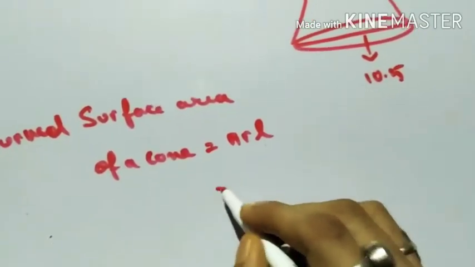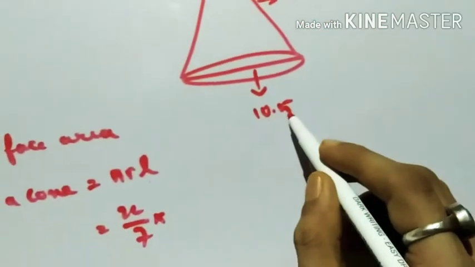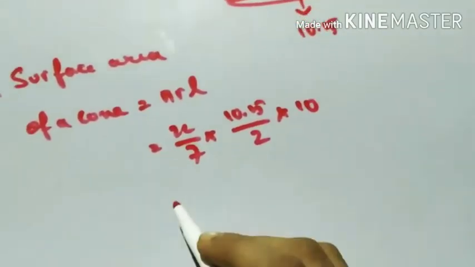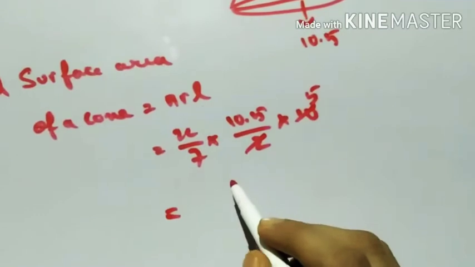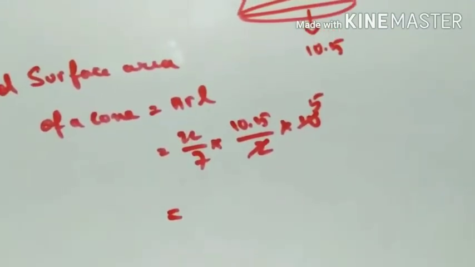Pi RL is equal to 22 by 7 into R. Radius will be 10.5 by 2, into slant height, which is given as 10. Two 5s are 10, so therefore 22 into 10.5 into 5 divided by 7.